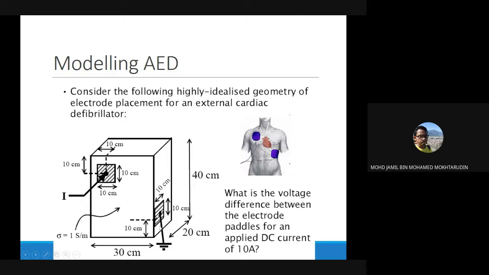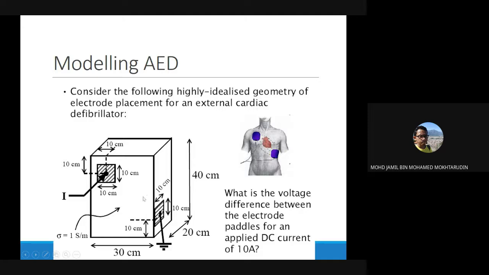Then we draw an electrode on one surface, the top electrode, and draw another square on the surface to represent another electrode. We supply a current to one electrode and make the other electrode a ground, so we hope the current will flow from the top electrode to the grounded electrode.